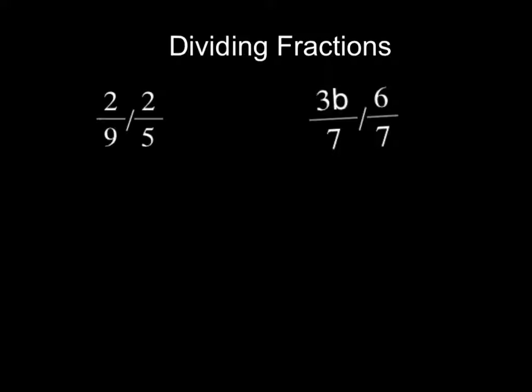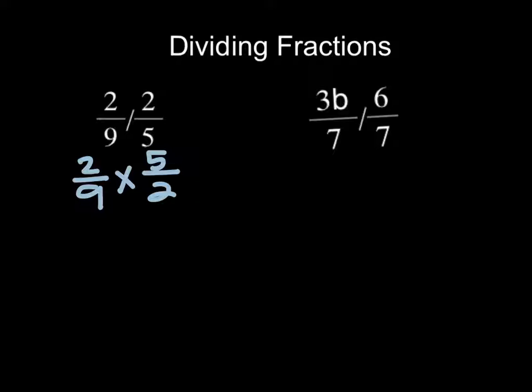So let me go back and show you 2/9 divided by 2/5. If I tried to do that, dividing across, like I said, 9 divided by 5 would not be pretty, but you know that multiplying is the opposite of dividing, so you can keep your first fraction the same, change division to multiplication, and flip that second fraction upside down, which is also known as the reciprocal or the multiplicative inverse.